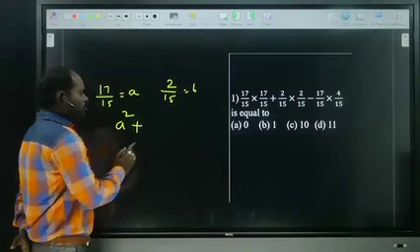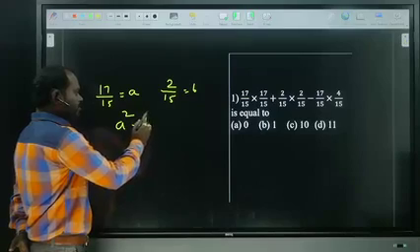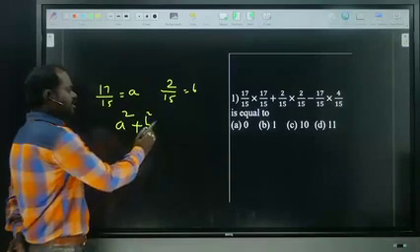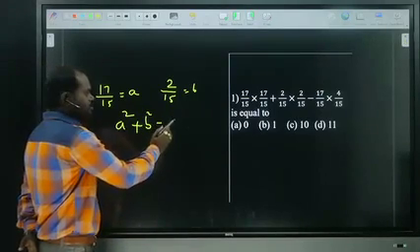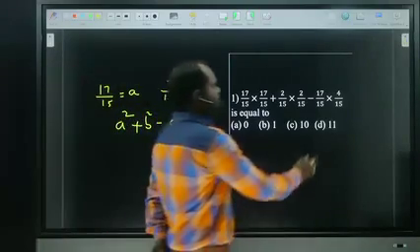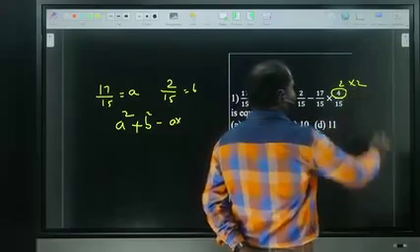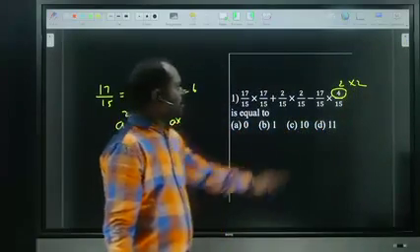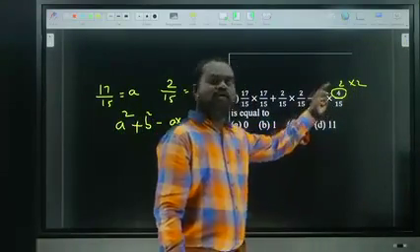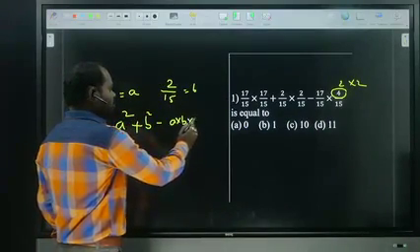Plus 2 by 15 is repeated 2 times, nothing but b square. Minus 17 by 15, nothing but a, into 4, which we can write as 2 into 2. 2 by 15 is nothing but b, and into 2. So a into b into 2.